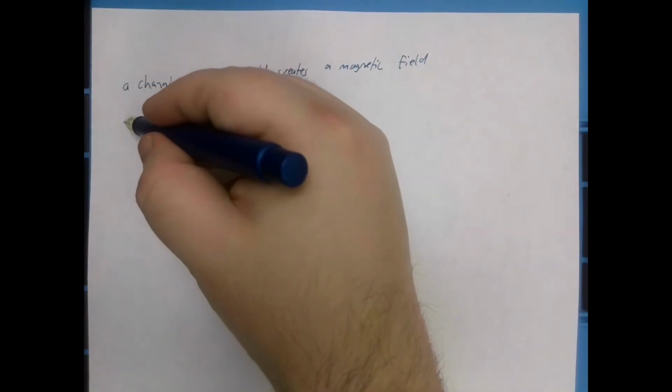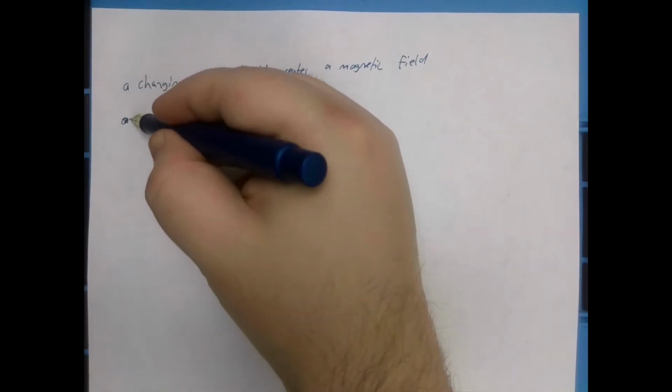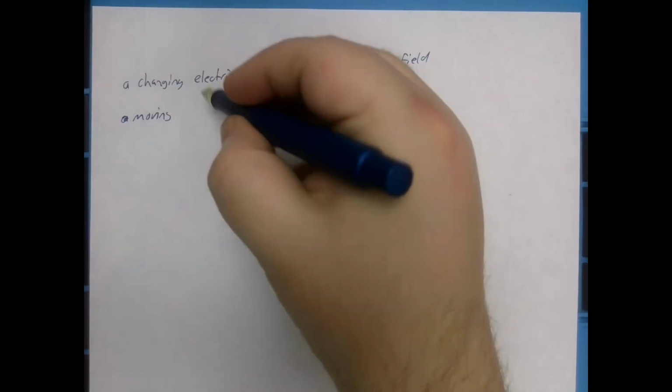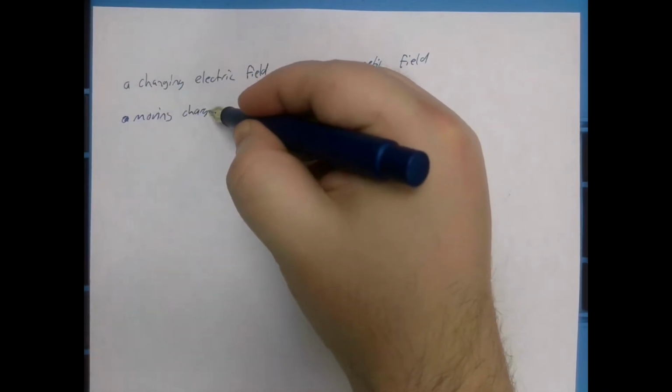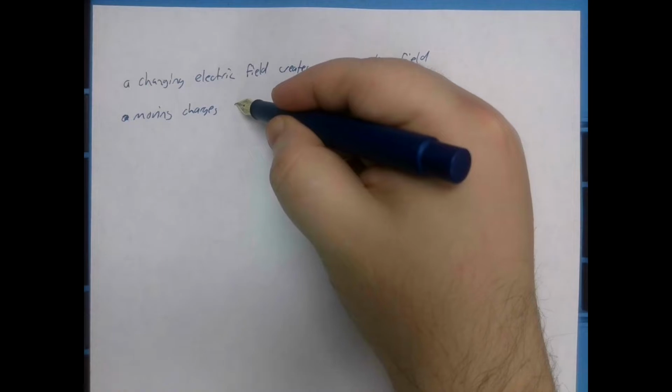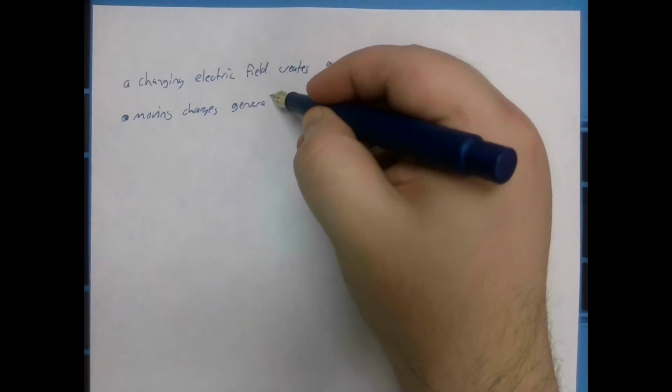Or simpler, moving charges generate a magnetic field around them.